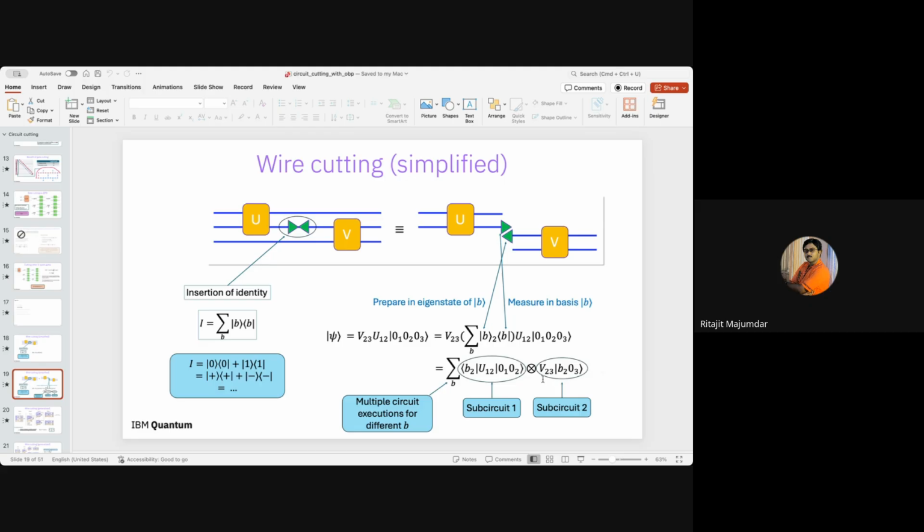Physically, this means that you are measuring in basis B and you are preparing in the eigenstate of basis B. If you measure in the Z basis, you prepare in the eigenstate of the Z basis, that means 0, 1. If you measure in the X basis, you prepare in the eigenstate of the X basis, that is plus, minus. So here you measure in a particular basis, and here you prepare the qubit in the eigenstate of that basis.